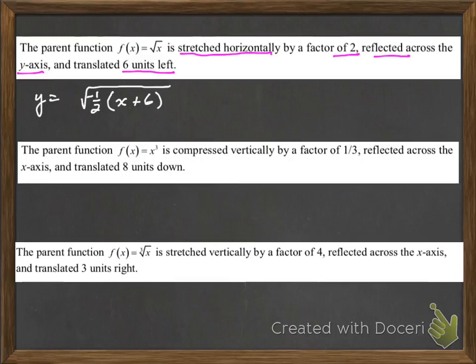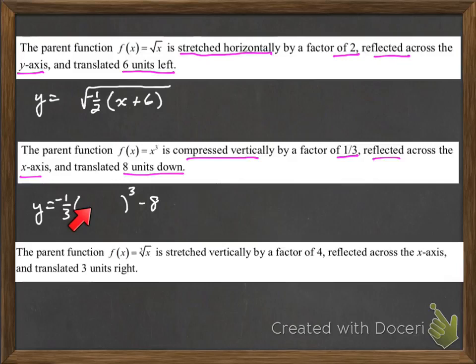All right, that's it. Next one. This is a cubic equation, so we can go ahead and put our parentheses cubed. It is compressed vertically by a factor of 1/3, which is our a value of 1/3. It is reflected over the x-axis, which means that 1/3 will be a negative a value. And it is 8 units down, which will be minus 8. What goes inside the parentheses then?